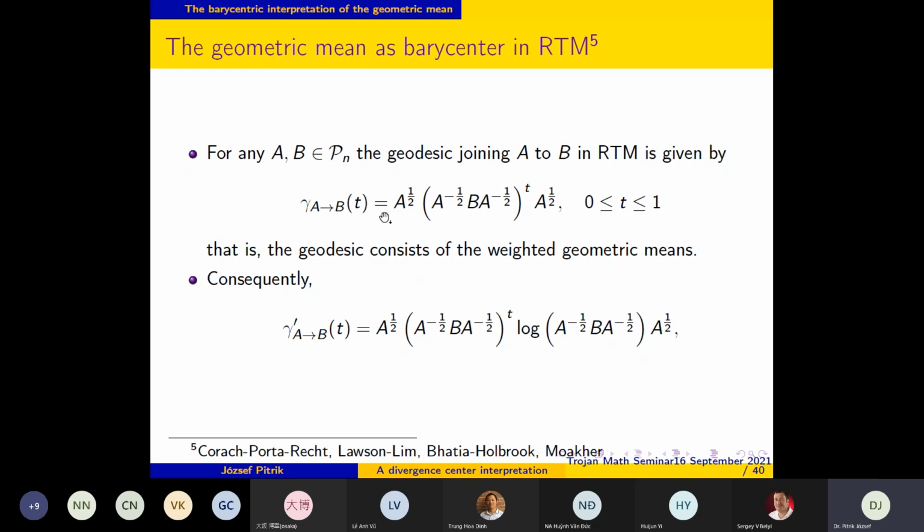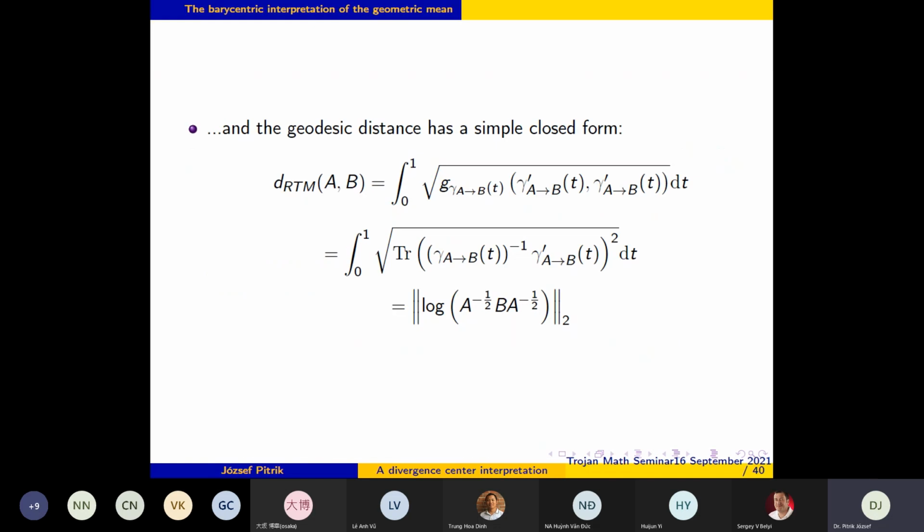This result says that for each positive A and B, there exists a unique geodesic curve joining A and B, and it's given by this form, which is nothing else but the weighted geometric mean of A and B. With this knowledge, we can also compute the geodesic distance between A and B. Indeed, the derivative is given by this formula, and the geodesic distance has a simple closed form in this way.